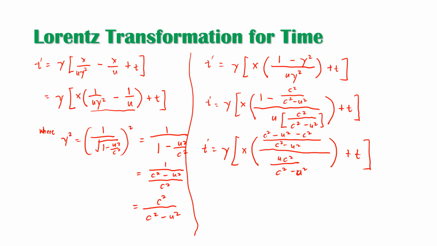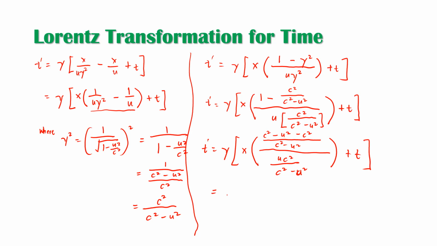This term here, c squared minus c squared, cancels, and we have the denominator c squared minus u squared.